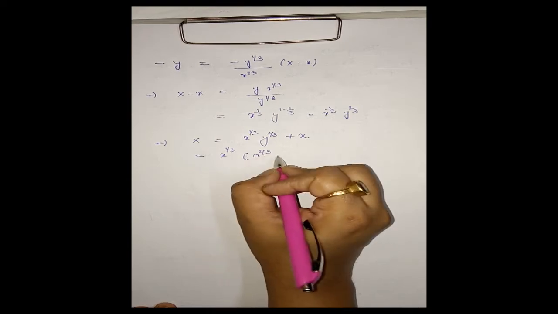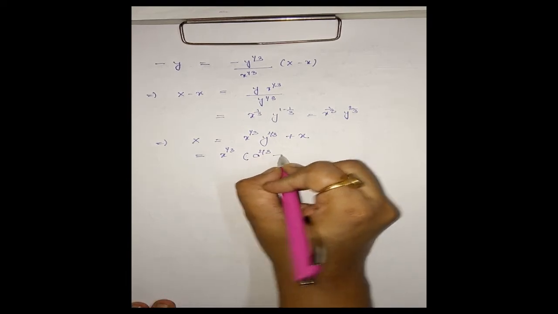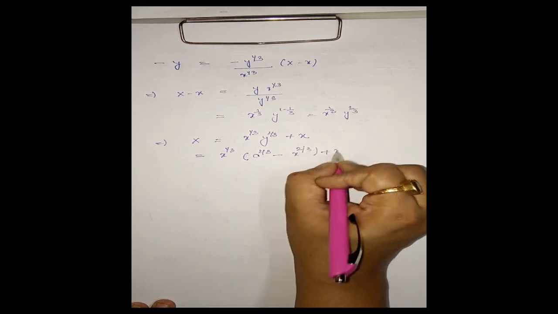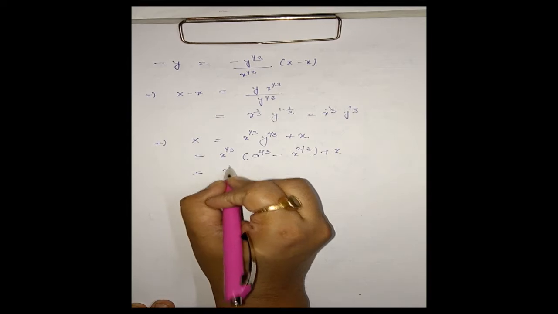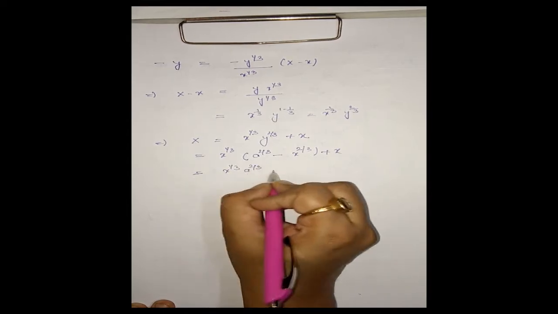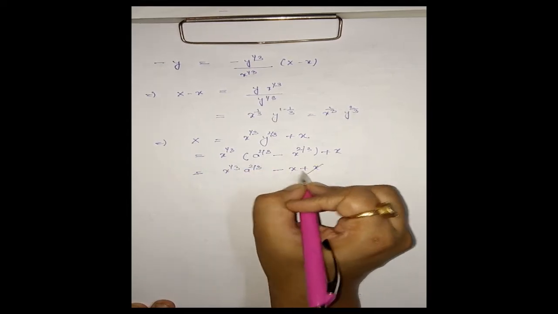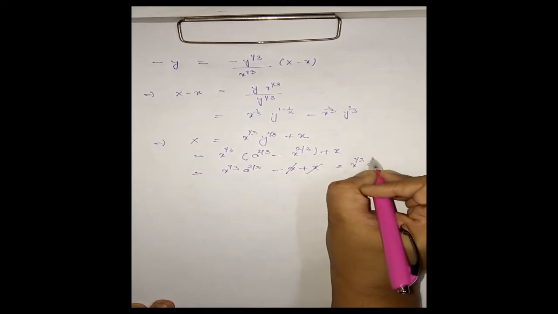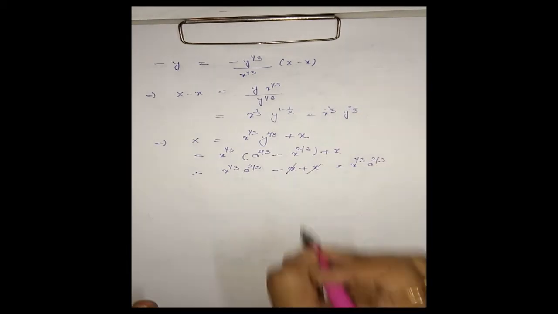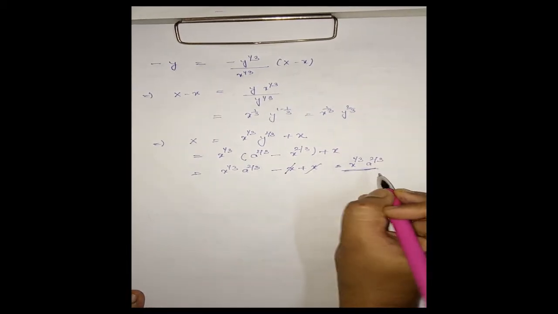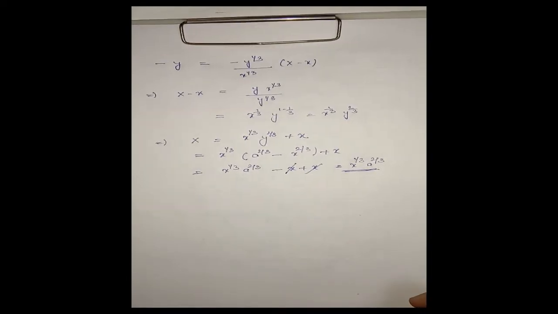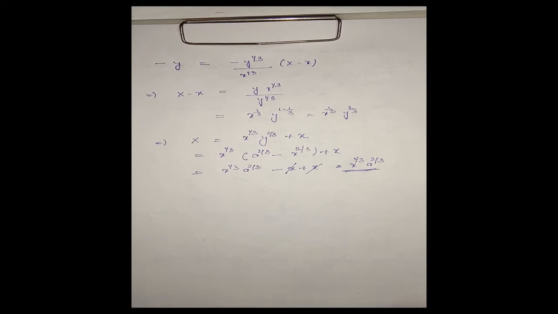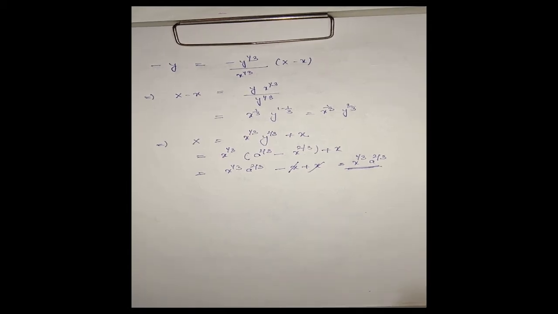From the equation of the asteroid, y^(2/3) = a^(2/3) - x^(2/3). This gives x^(1/3) a^(2/3), and the x terms cancel. Therefore the point of intersection with the x-axis is (x^(1/3) a^(2/3), 0).